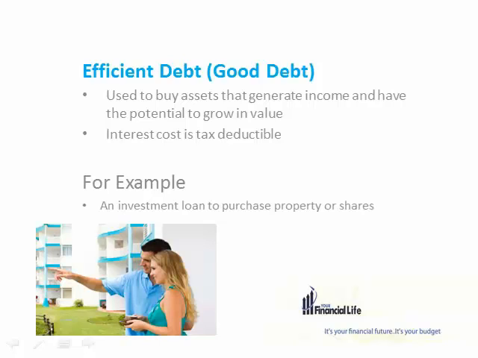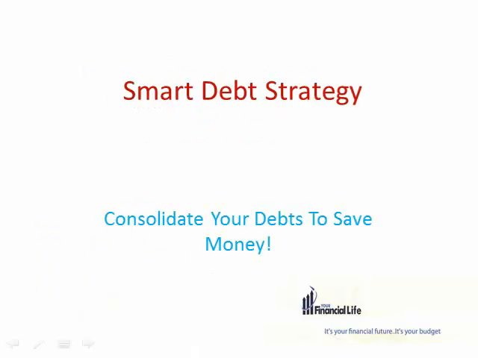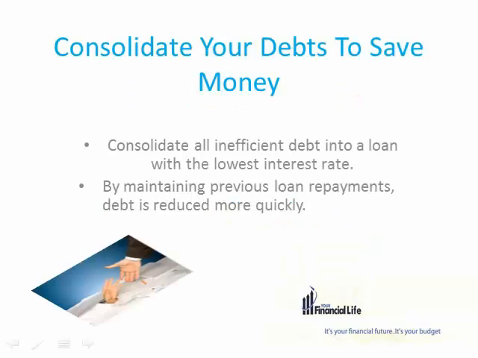So let's have a look at a smart debt strategy: consolidating your debts to save money. Inefficient debt is an obstacle to improving your financial position, and it should be eliminated as quickly as possible. One way to do this is to minimise the amount of interest you're required to pay on your loans, so that more of the loan repayments go toward reducing the actual debt.